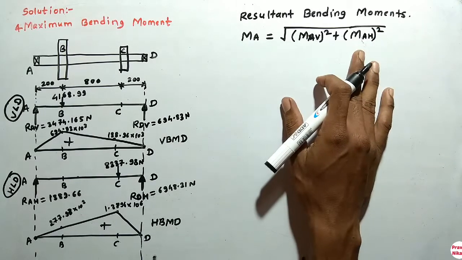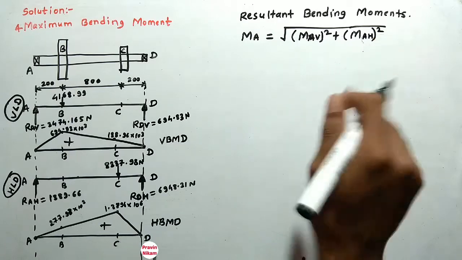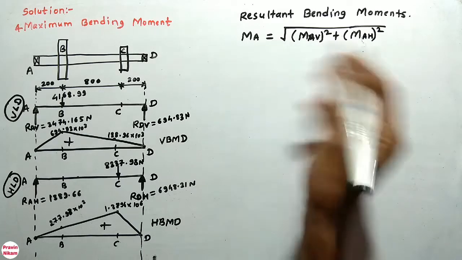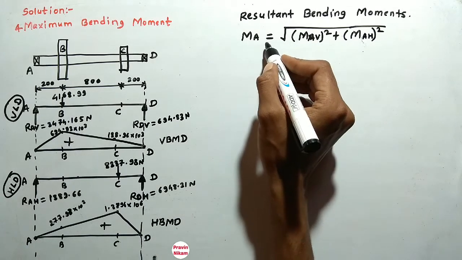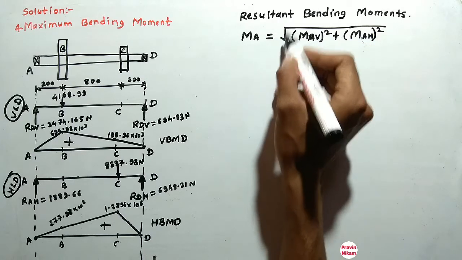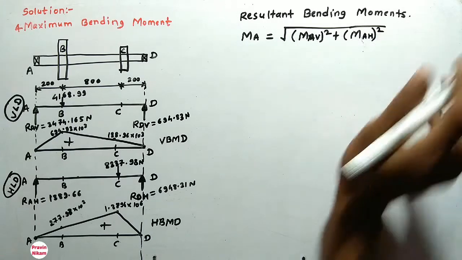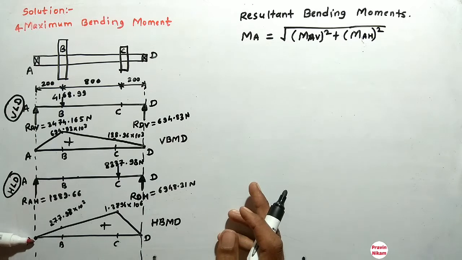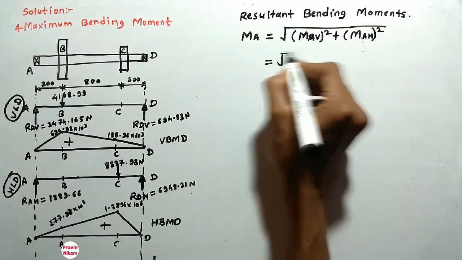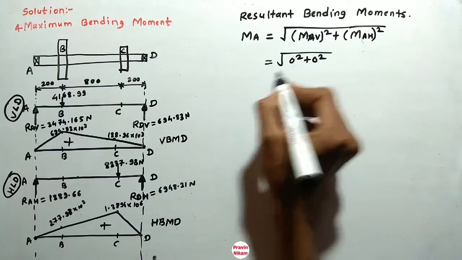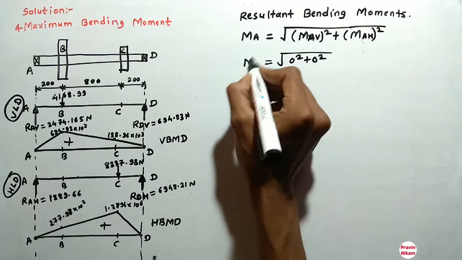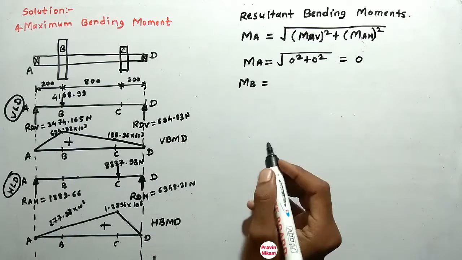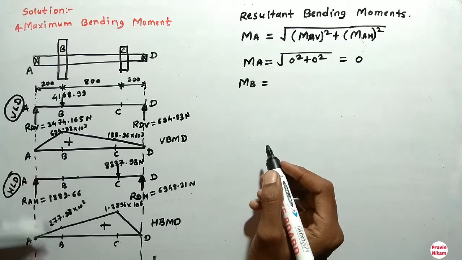We know that the equation for resultant R is equal to root of x square plus y square. Similarly, the resultant bending moment MA is equal to root MAV square plus MAH square. At point A, both the values are 0. So 0 square plus 0 square. Therefore MA is equal to 0.